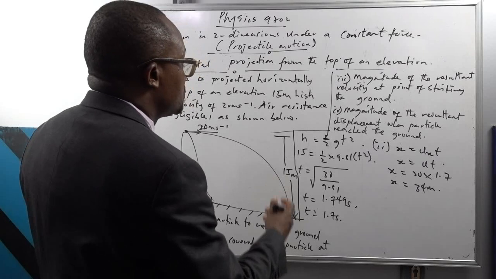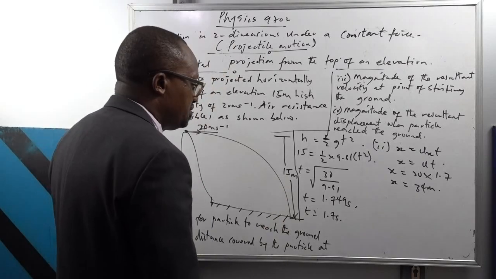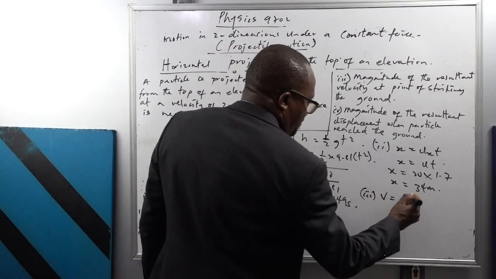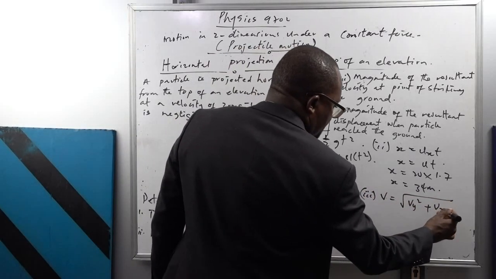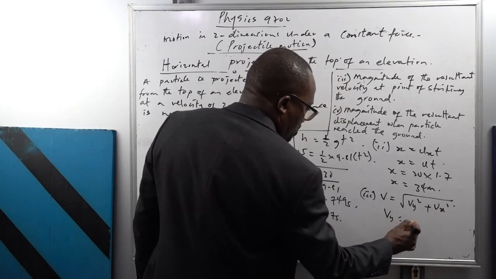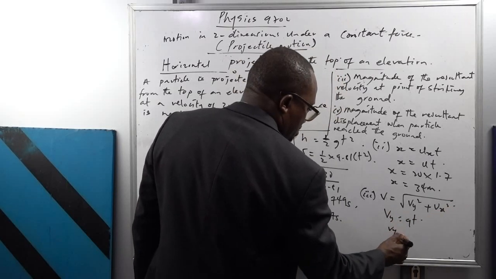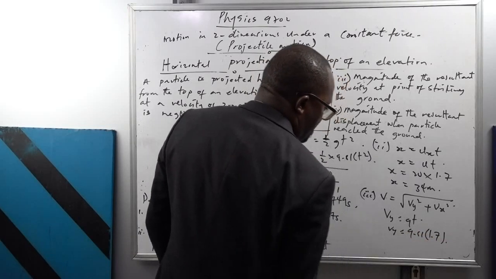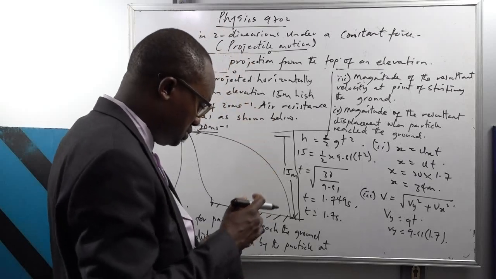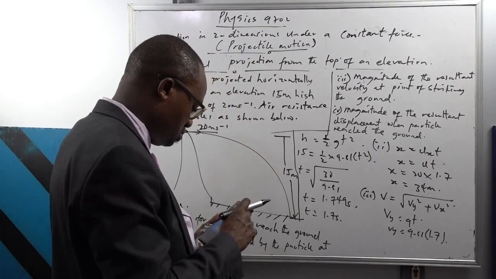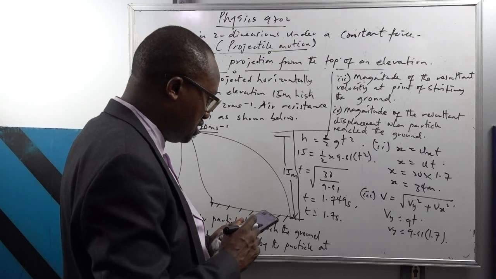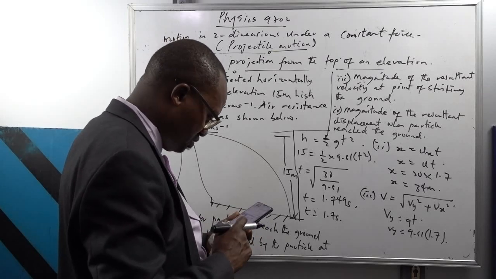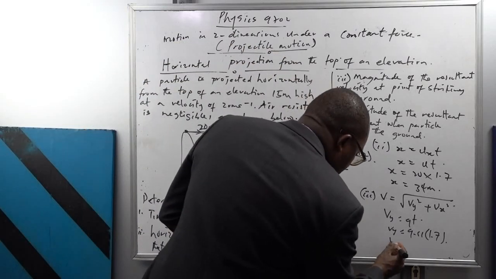Okay, next, the magnitude of the resultant velocity when it reaches the ground. That is the third one. So v becomes square root of vy squared plus vx squared. Don't forget that vy is equal to gt. That is the magnitude. So this becomes 9.81 times 1.7 approximately, which is 16.68.